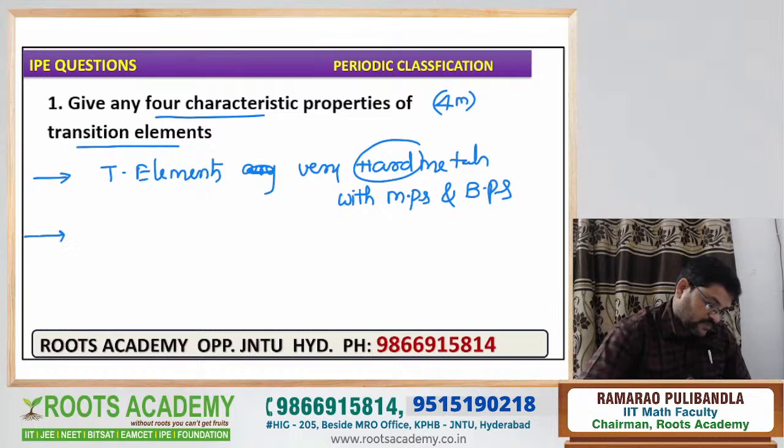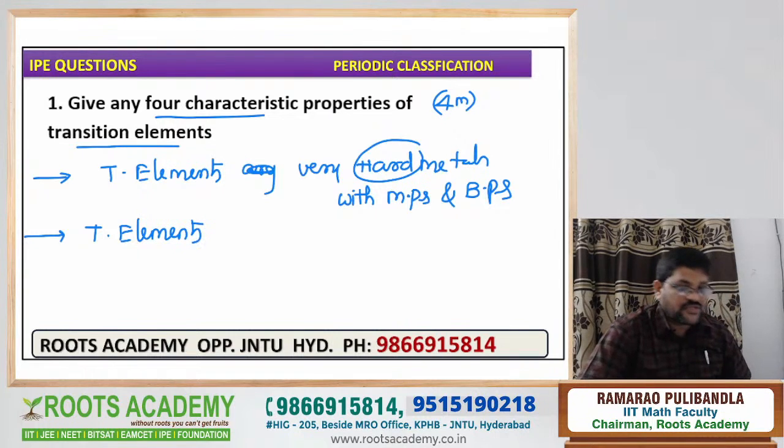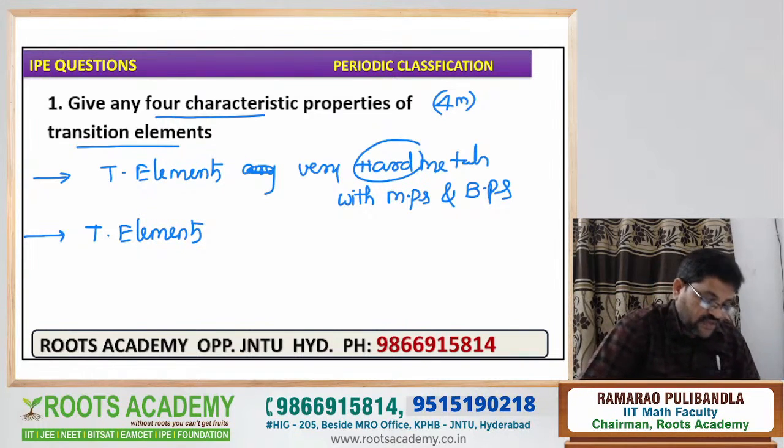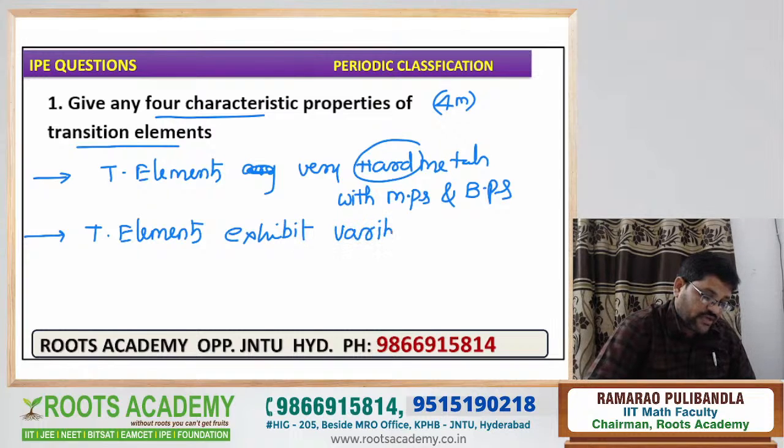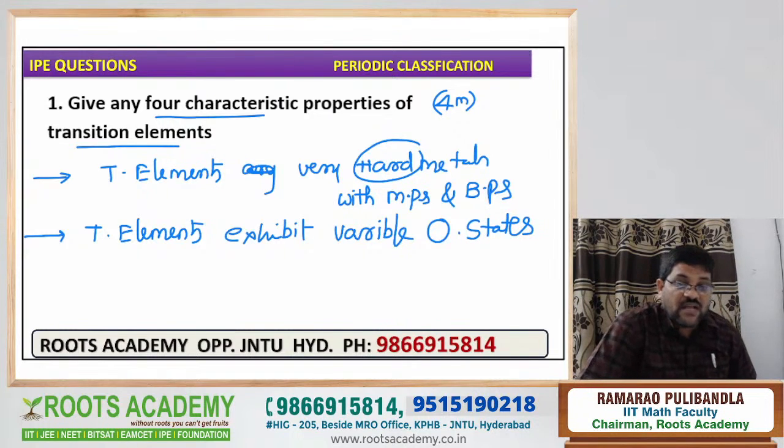The second point, write point wise and you get 4 marks. The transition elements exhibit variable oxidation states. You may ask, why do the elements exhibit variable oxidation states?